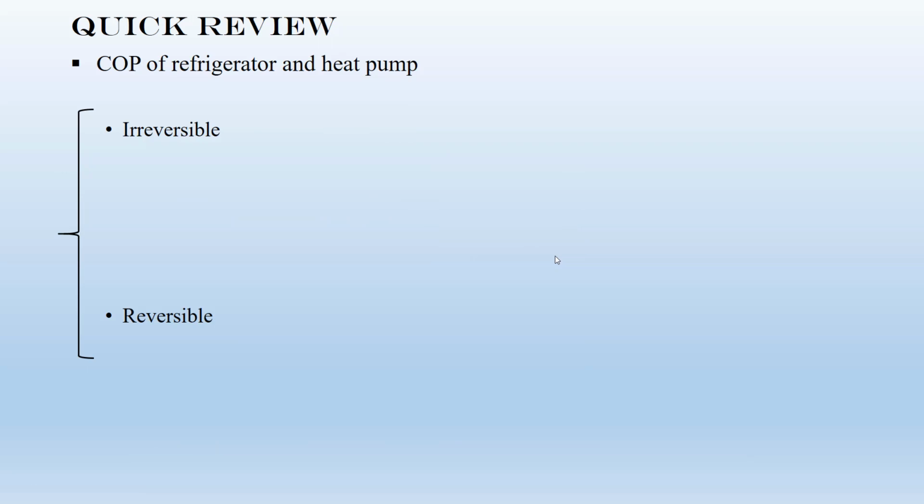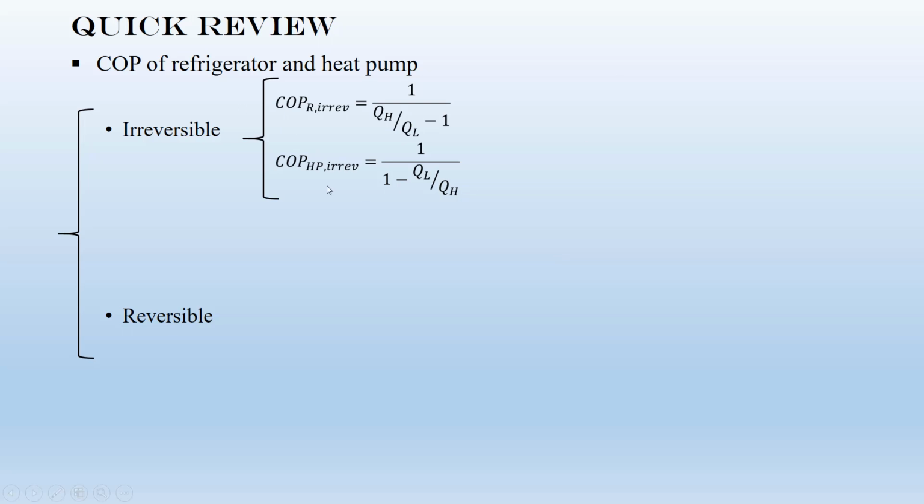So for the refrigerator and heat pump, you need to use the COP. You again have two options for the irreversible process. We discussed it in previous lectures. You can use either this equation or this one for the refrigerator or heat pump. Keep in mind, guys, that in addition to these two equations, you can use the definition: COP equals the desired output over required input.